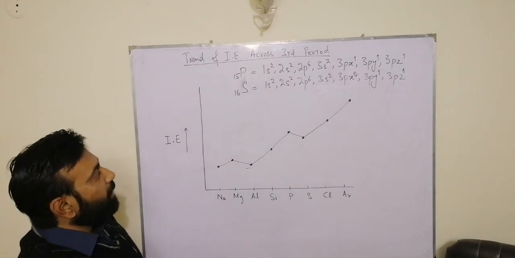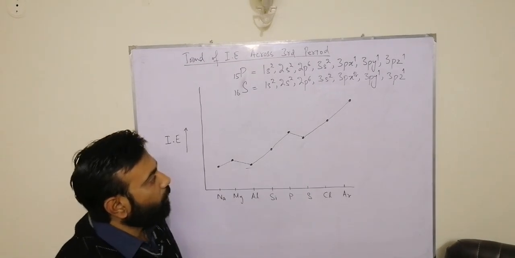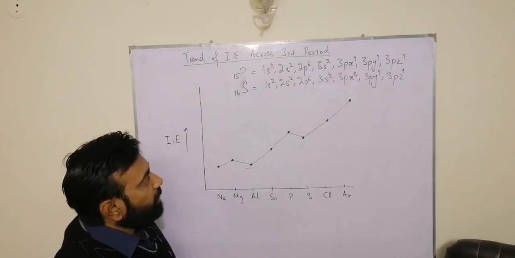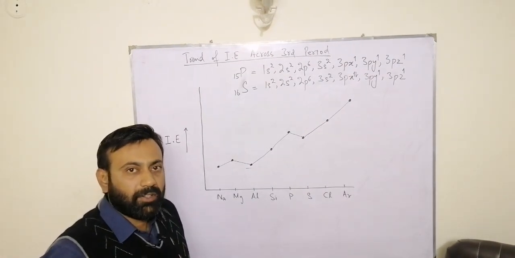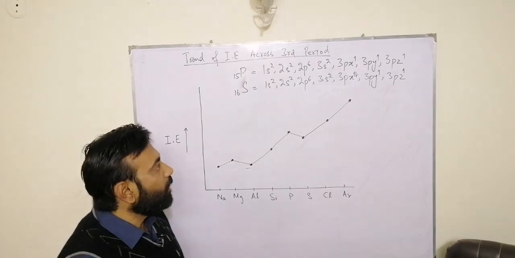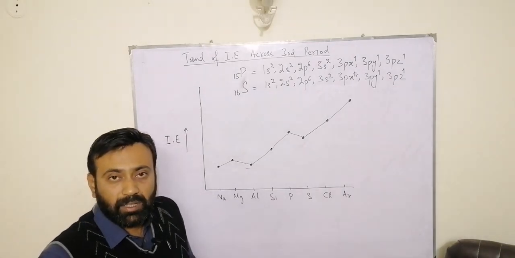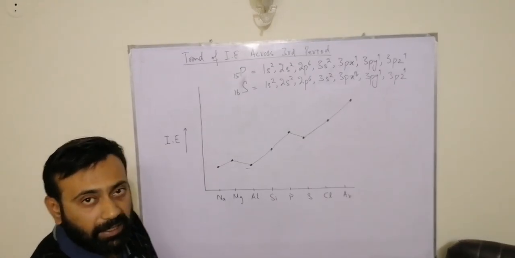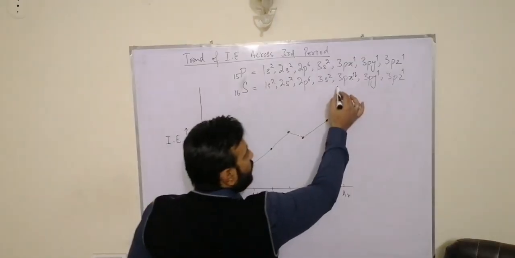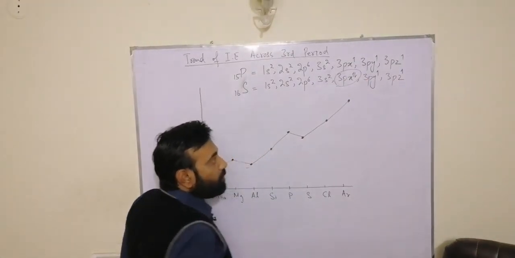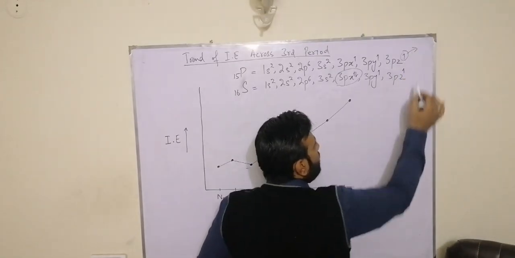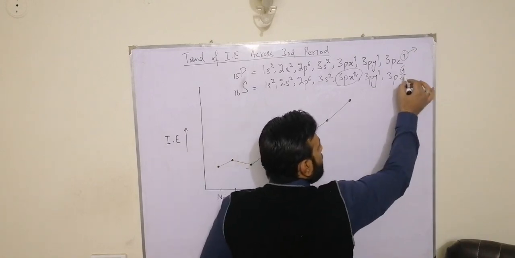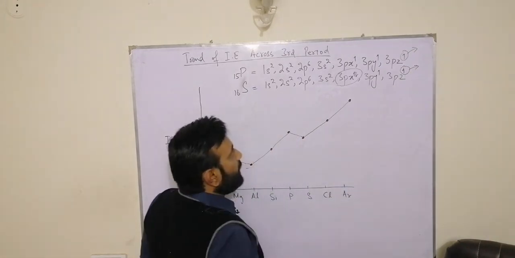Okay, now let us compare these two electronic configurations. The first major factor was the repulsion due to an extra electron pair in the valence shell. Now let us see if there is an extra electron pair or not. Well, yes, there is. Suppose the electron to be removed from the outermost shell of phosphorus is this one, and from sulfur, this electron needs to be removed.